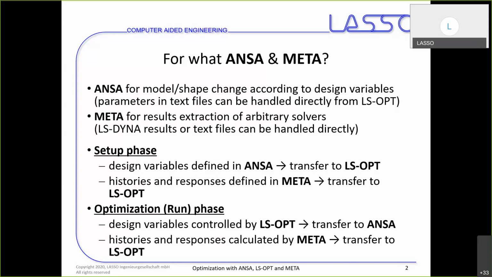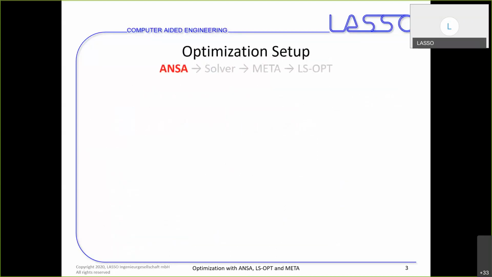And META calculates the histories and responses as they are defined in the setup phase, and then transfers the values to LSOpt. We will have a look now on these two parts in Unser and in META. How do we set up the optimization there?